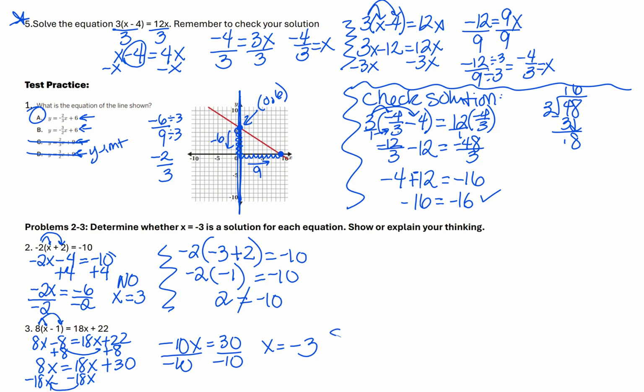Now, if we do it the other way, this is kind of like checking our solution like we did on question 5. So I'm going to go 8 parentheses negative 3 minus 1 equals 18 times negative 3. I'm just inputting x plus 22. So 8 parentheses negative 4 is negative 3 minus, add the opposite.